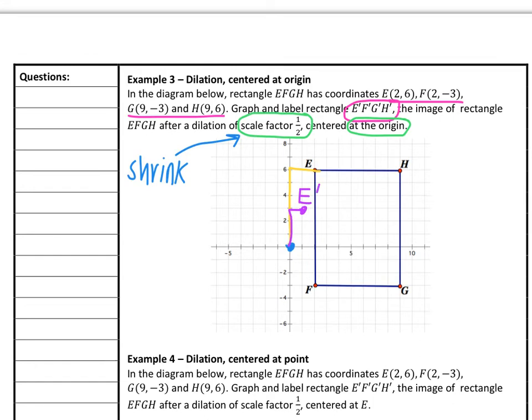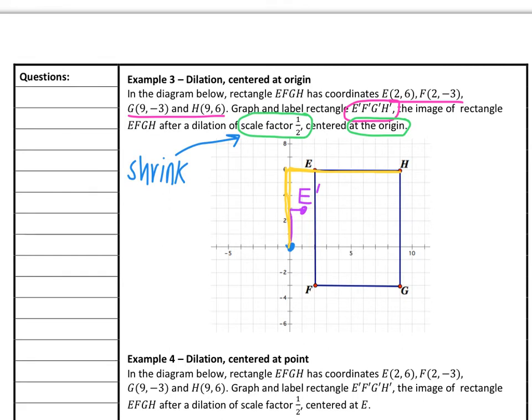If I was to do the same thing for H, H is in line with E, so I know I'd have to go up 6, and this time I have to go over 1, 2, 3, 4, 5, 6, 7, 8, 9. So up 6 over 9. Well, I know cutting 6 in half will leave me with 3. If I want to cut the 9 in half, that's going to give me 4.5.